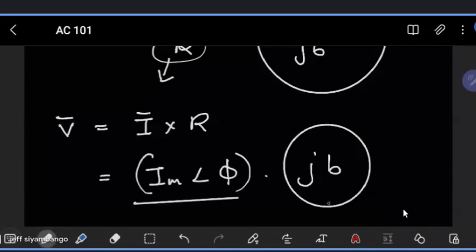You are multiplying, but you'd have to first change this from rectangular to polar phasor form. Do you see that? So the algebra is clear: now you're multiplying, now you're dividing. Any questions?